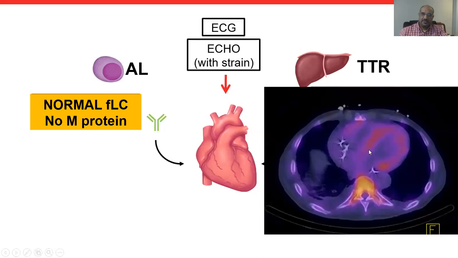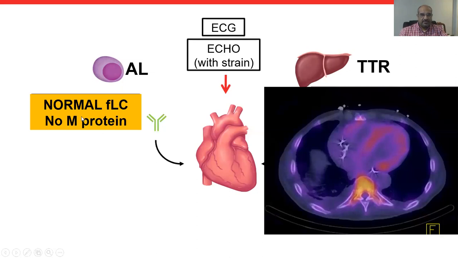The TTR amyloid is diagnosed by the technetium uptake. Here in this case, it is around 2, so the bone uptake is almost equal to the myocardial uptake. And for the AL amyloid, you need to have the free light chain determination and the immunofixation of the protein.